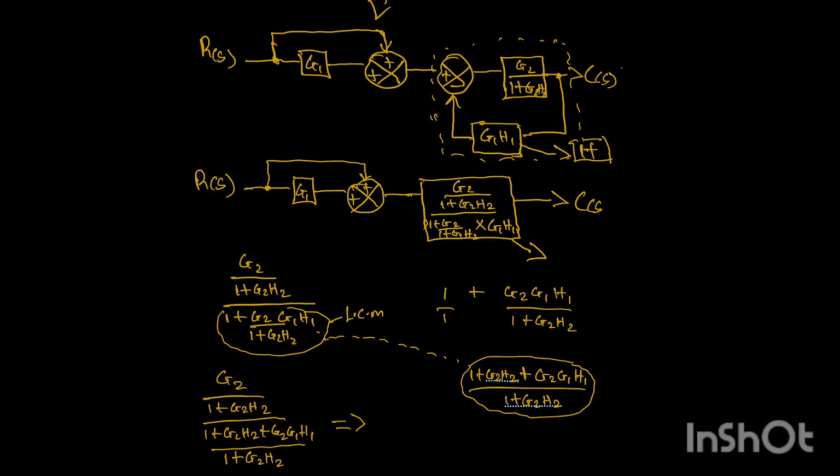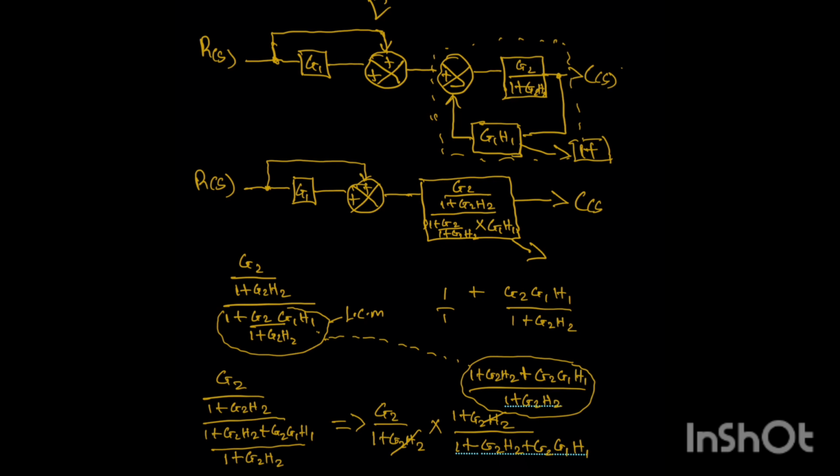Taking the reciprocal, we have G2 all over 1 plus G2H2 times 1 plus G2H2 all over 1 plus G2H2 plus G2G1H1.